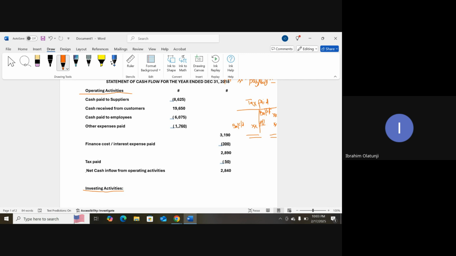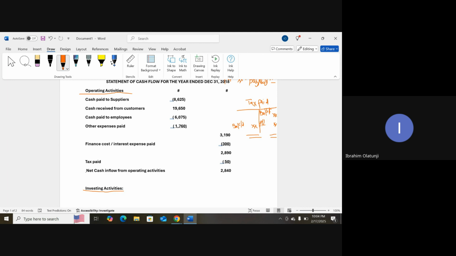So these are the things that you need to be checking under investing activities. Then when you now buy shares, you are expecting to get a return from the shares that you acquire, and that return is called dividend received.